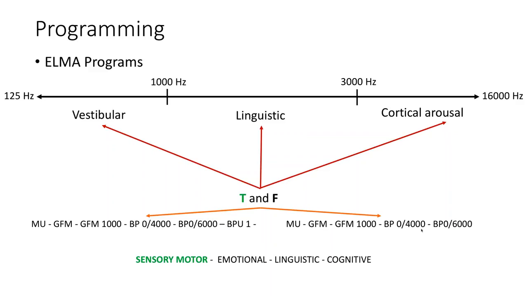So we are really working in a wide manner with the MU and the Gregorian. Then we have the low BPs that give us the possibility not to give too much cortical arousal, and also to open progressively from 0 to 4,000, from 0 to 6,000, before introducing the MU that goes from 0 to 16,000, which is more demanding on the ear and the muscles of the ear and on the gate, because of the gating.